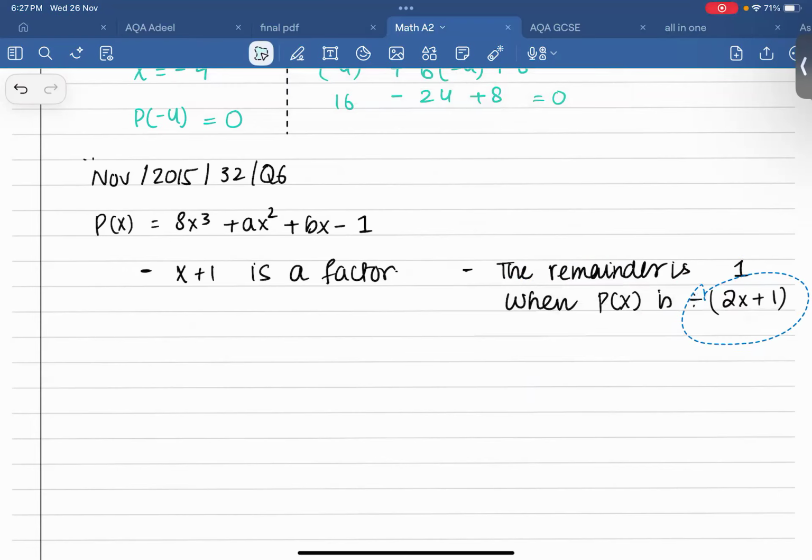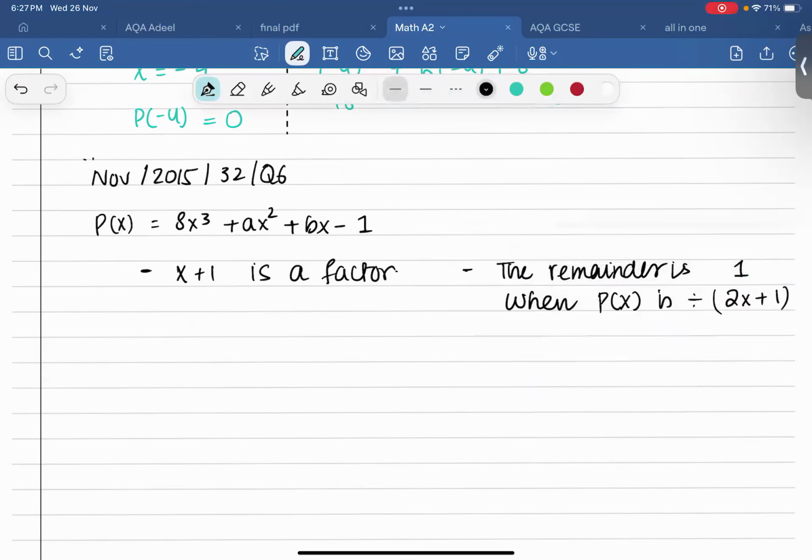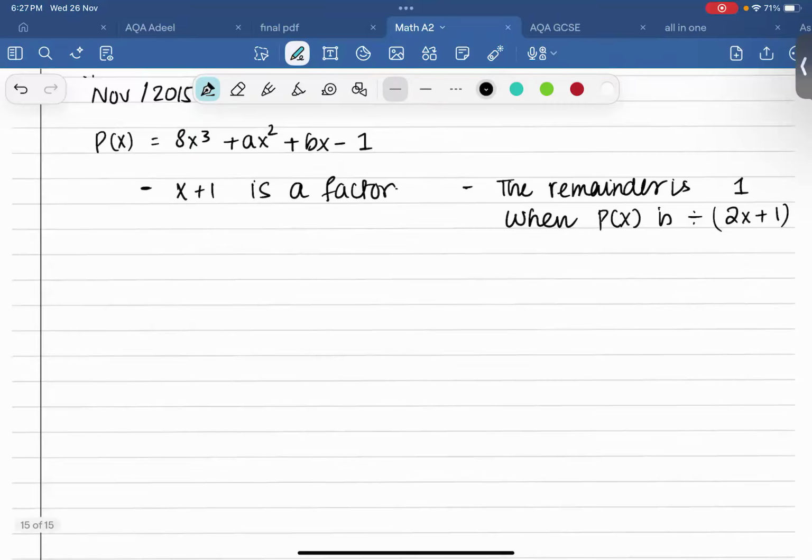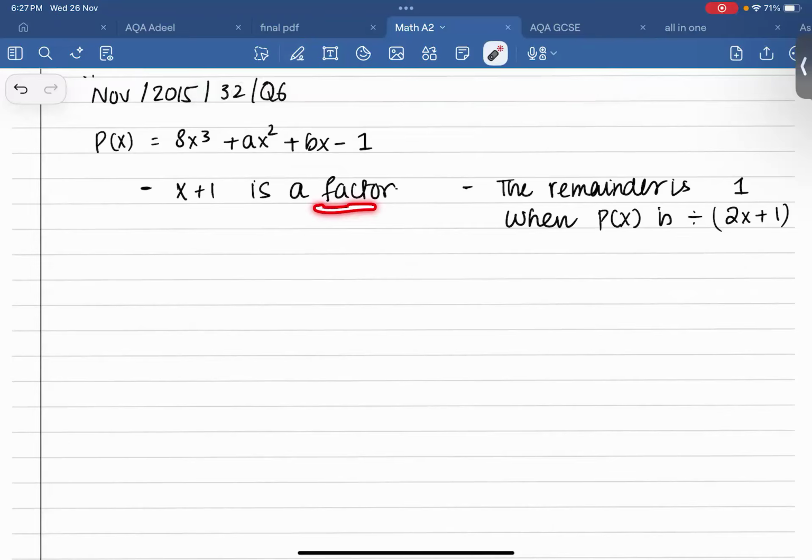Now, this is a bit different question from what we have done in yesterday's class. They have given us a factor, so you have to apply the factor theorem, and they have given us a remainder, so you have to apply the remainder theorem. What does this mean?